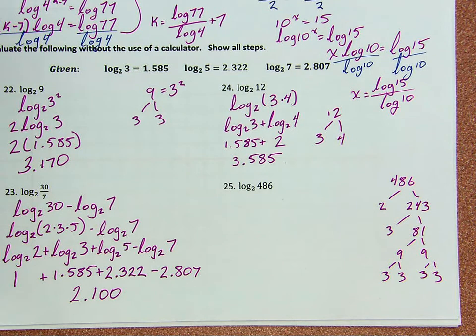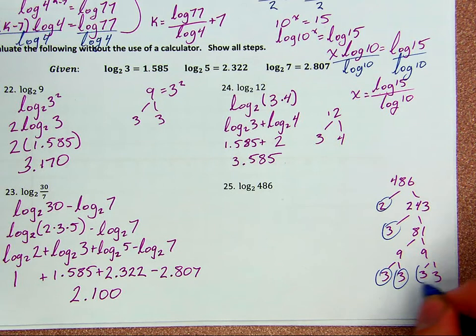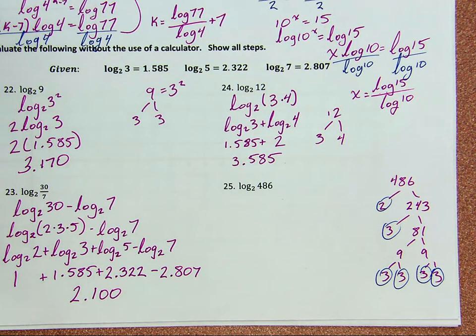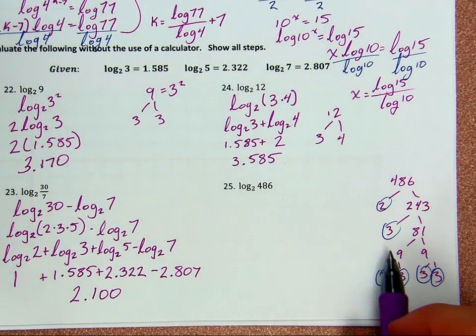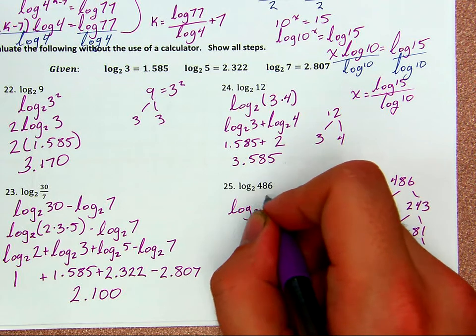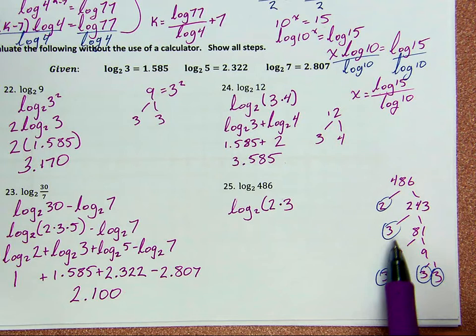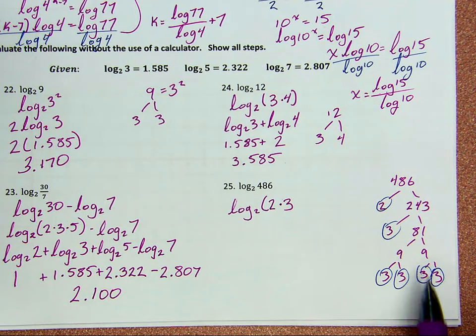Now notice that we have 1, 2, 3, 4, 5 of these. Log base 2 of 486 will turn into log base 2 of 2, from right here, times 3 to the power 1, 2, 3, 4, 5. Now inside of this log, we have a 2 times 3. Because these numbers are multiplying, we want to use the product rule to split those apart.